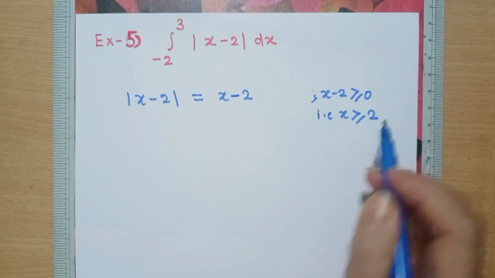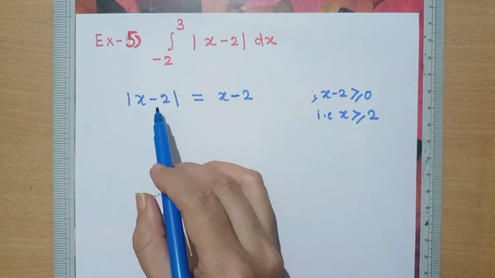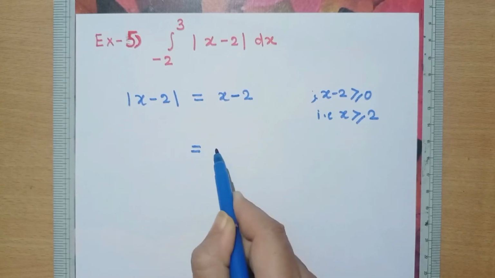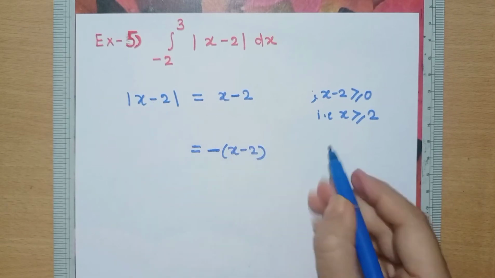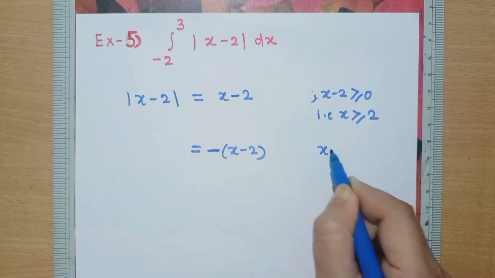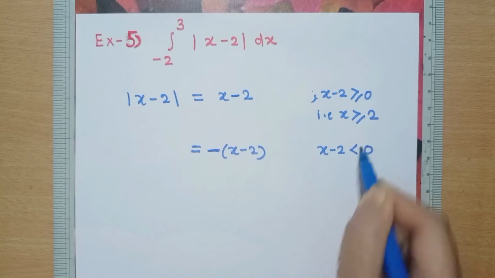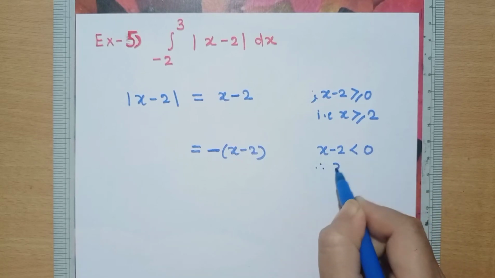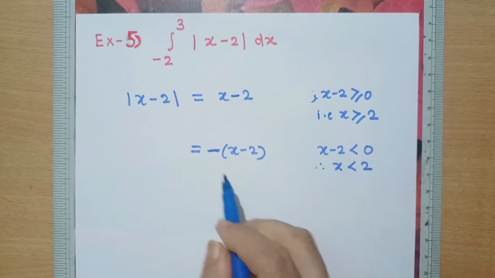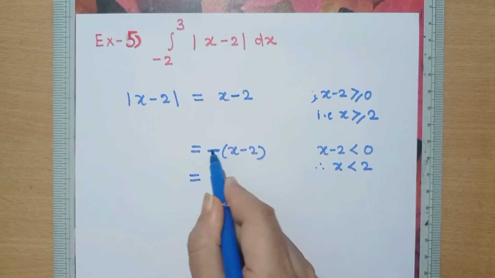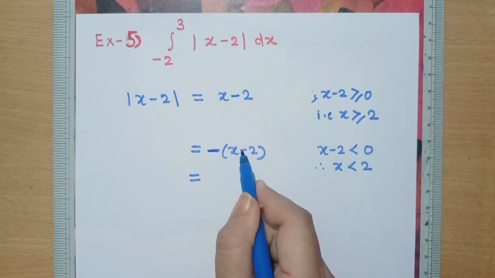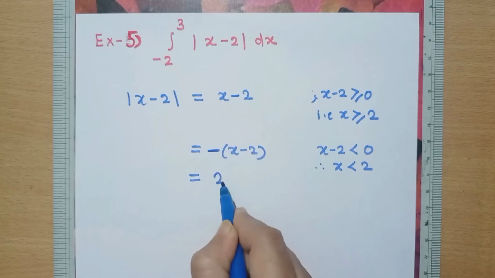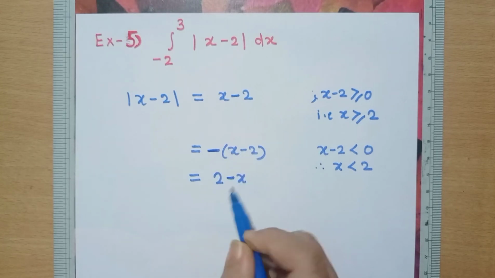Move this minus to that side. And again this modulus function is minus of x minus 2 when this is less than 0. So x minus 2 is strictly less than 0. That means x is less than 2. So we multiply minus inside: minus x, and minus minus plus 2, so I am writing here 2 minus x.